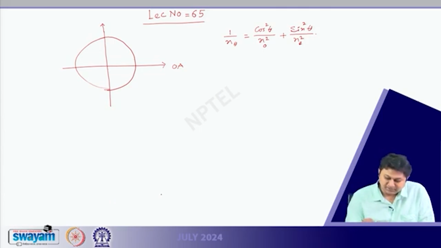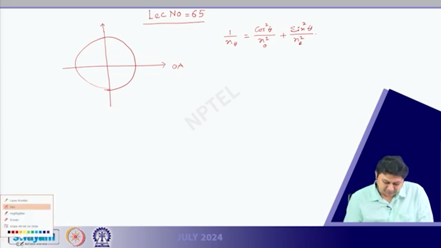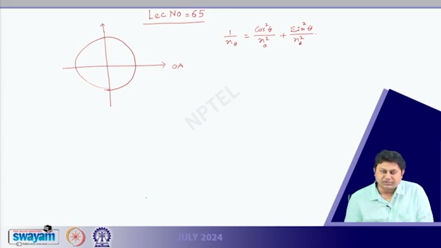On the other hand, if I look at the extraordinary ray, the index value depends on the direction.